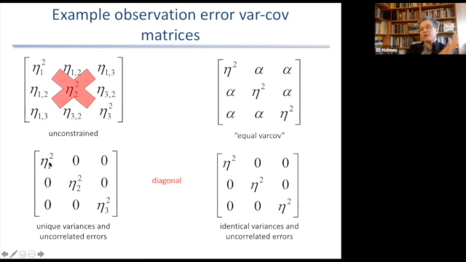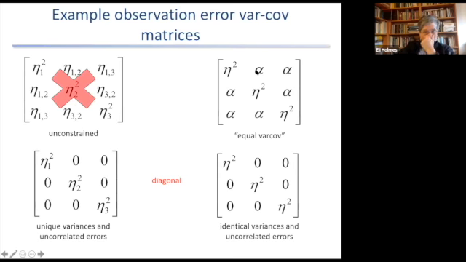So in the case of that example I gave, where you've got a couple of mark recapture data streams with different sample sizes, and you've got a line transect, you'd probably assume that they have different observation errors, given that they're fundamentally different types of sampling designs. Definitely the line transect and the mark recaptures.